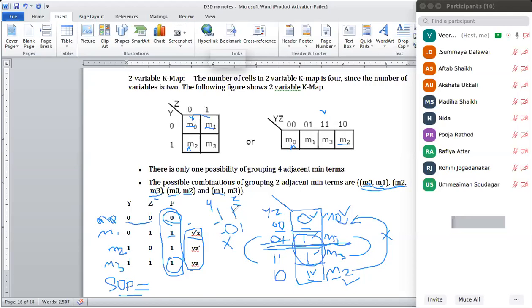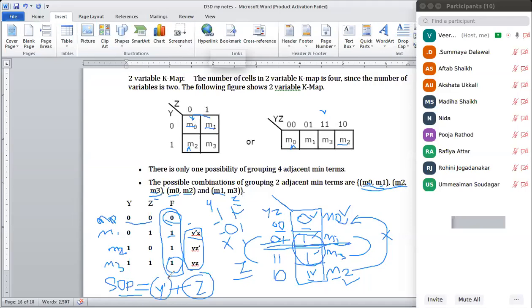But Z is 1, 1 into 1 is 1, so Z is represented as direct Z. So when I solve this function, the OR function, it is going to be Y bar plus Z. This is the one term I have got now, Z. I'll tell you how I get the second term.